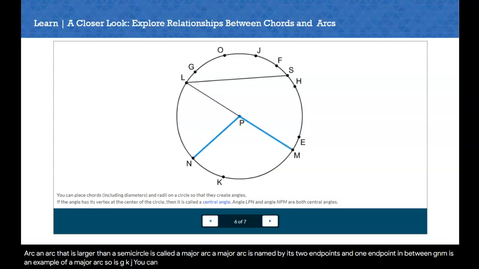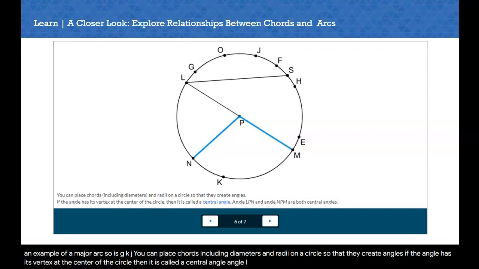You can place chords, including diameters and radii, on a circle so that they create angles. If the angle has its vertex at the center of the circle, then it is called a central angle. Angle LPN and angle NPM are both central angles.